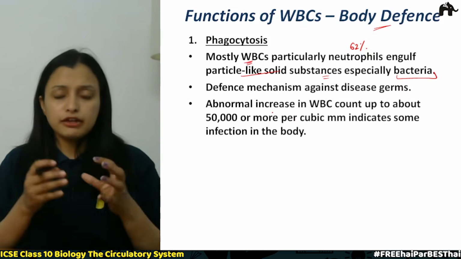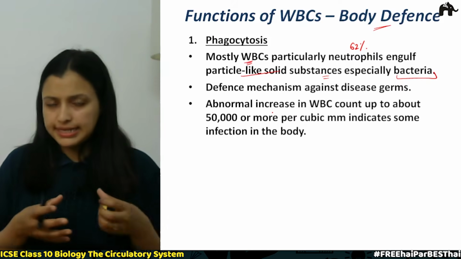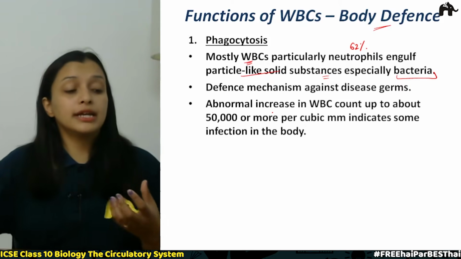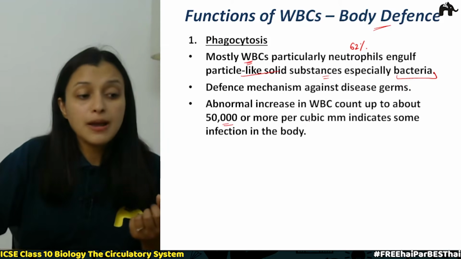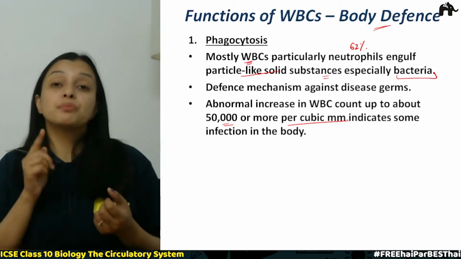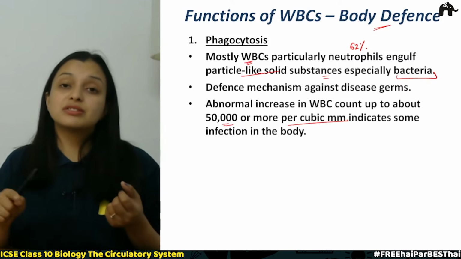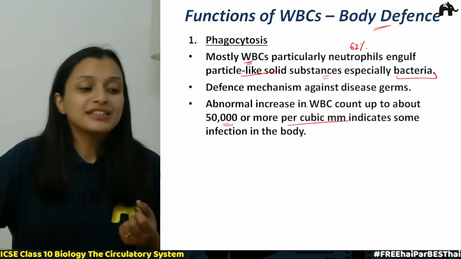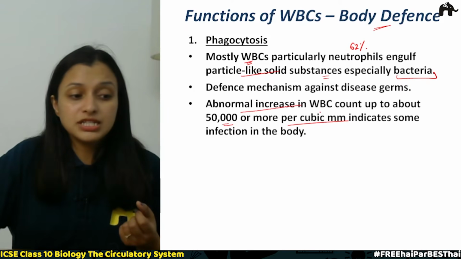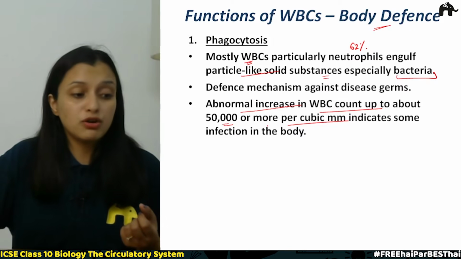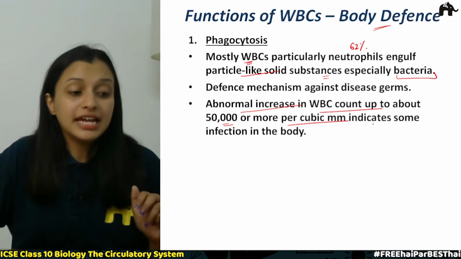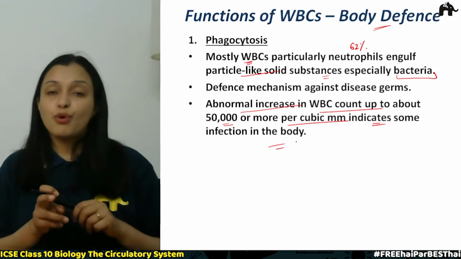If somebody undergoes a blood test and the WBC count is more than 50,000 per cubic millimeter, this means that person's body has encountered an infection. An abnormal increase in WBC count up to about 50,000 or more per cubic millimeter indicates some infection in the body.